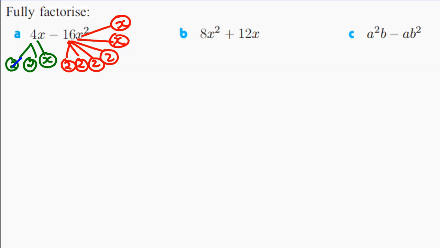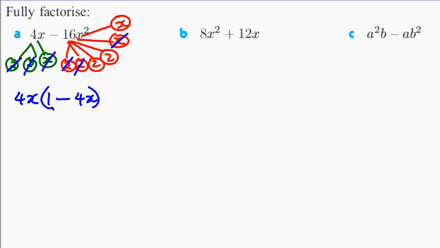What's common? We have 2, 2, 2, and x as well. So everything on the left is common. So what you're going to do here is write 4x, and then I'll write 1. I'll explain why. Minus, on the right we have 4x.